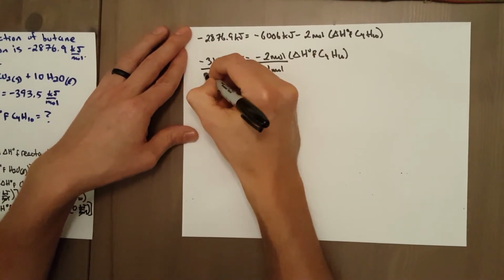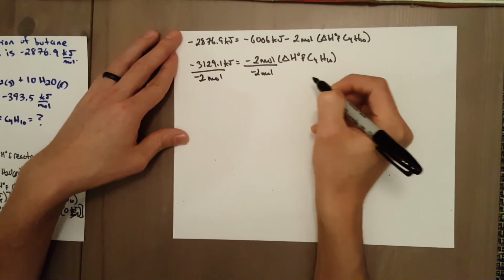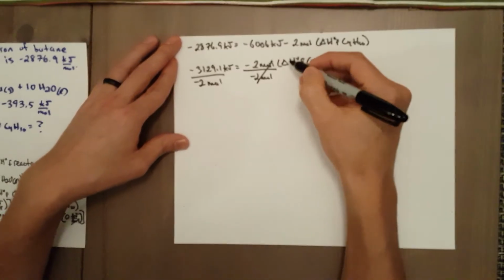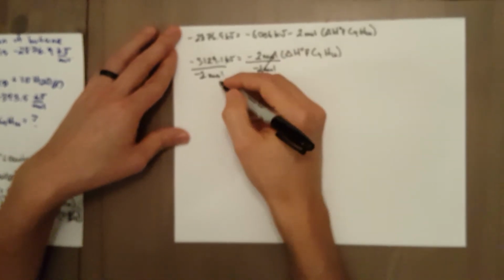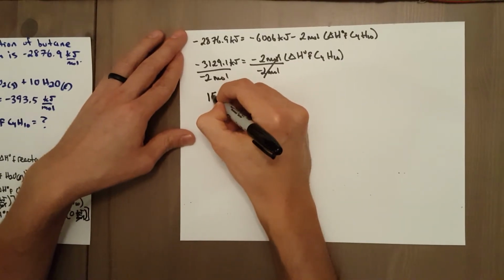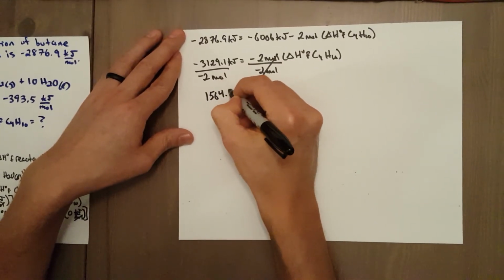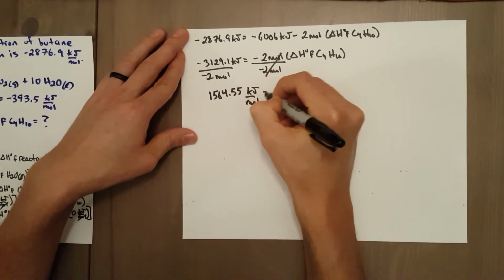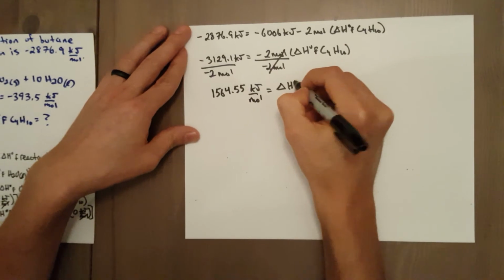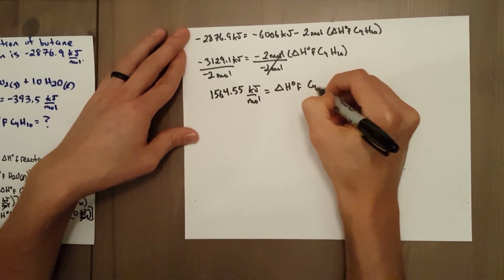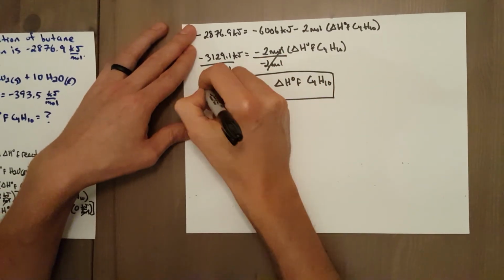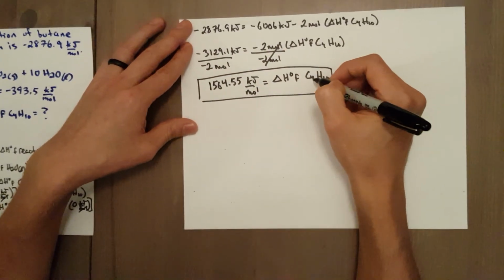What we do to one side, we do to the other. Notice this cancels out, and we're left with the units we want because this is a heat of formation of a mole of butane. So final answer, and that is the standard heat of formation per mole of butane.